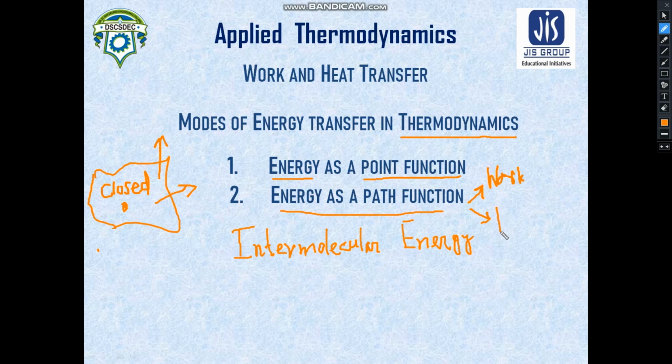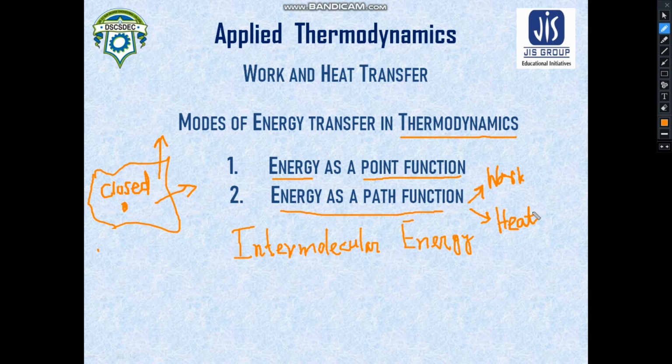In general, work transfer means all the other energies collaborated with it. If electrical energy is used to generate some kind of work, it will be termed electrical work transfer. If it is because of fluid flow, we term it flow work. If it is because of the shaft, then it is shaft work.